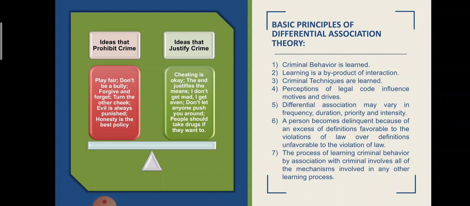So in sum, differential association theory holds that people learn criminal attitudes and behavior in their adolescence from close and trusted friends and or relatives. A criminal career develops if learned antisocial values and behaviors are not at least matched or exceeded by conventional attitudes and behaviors.